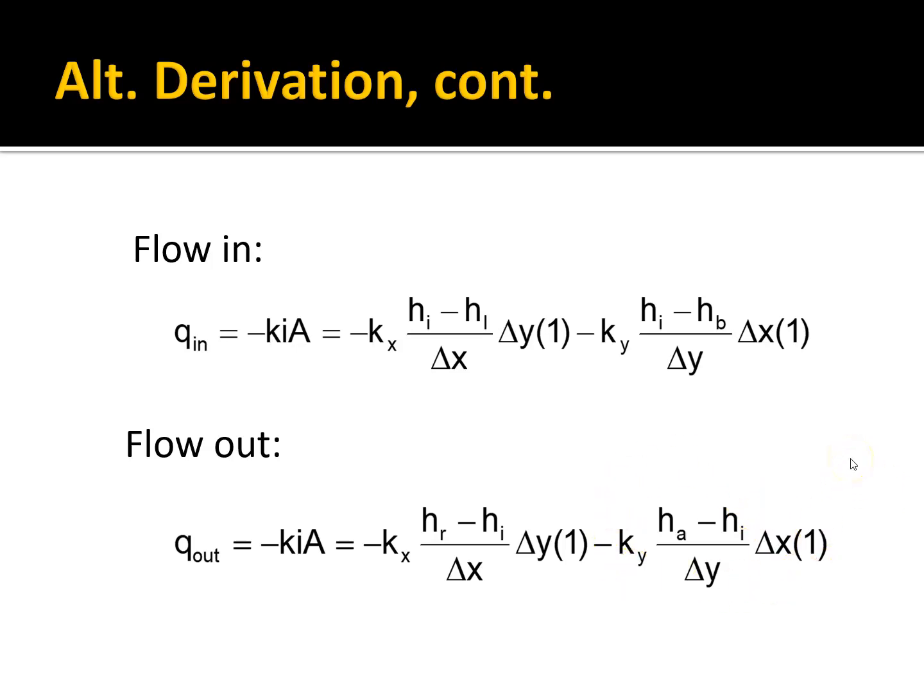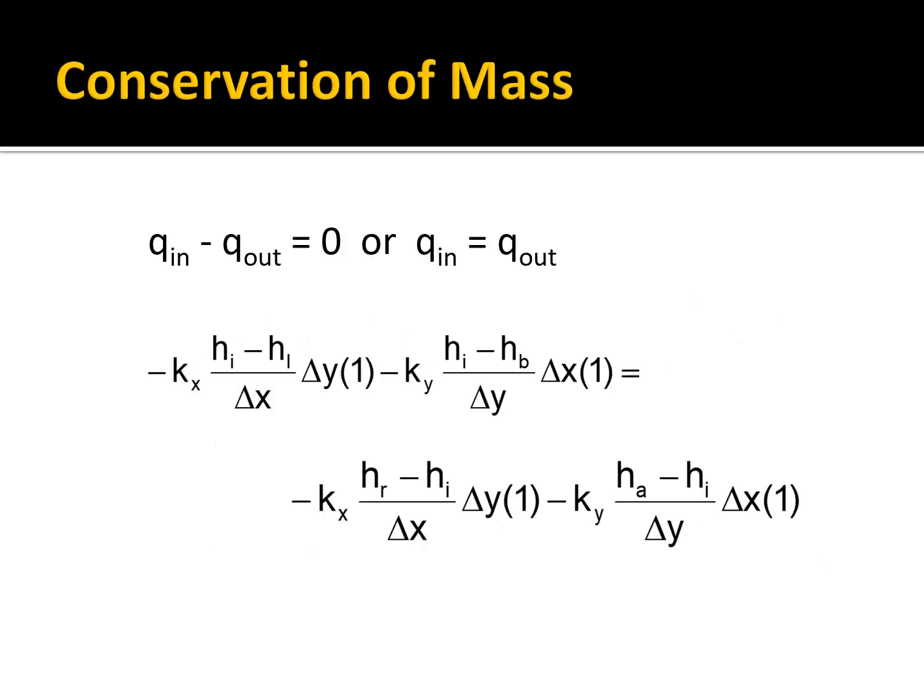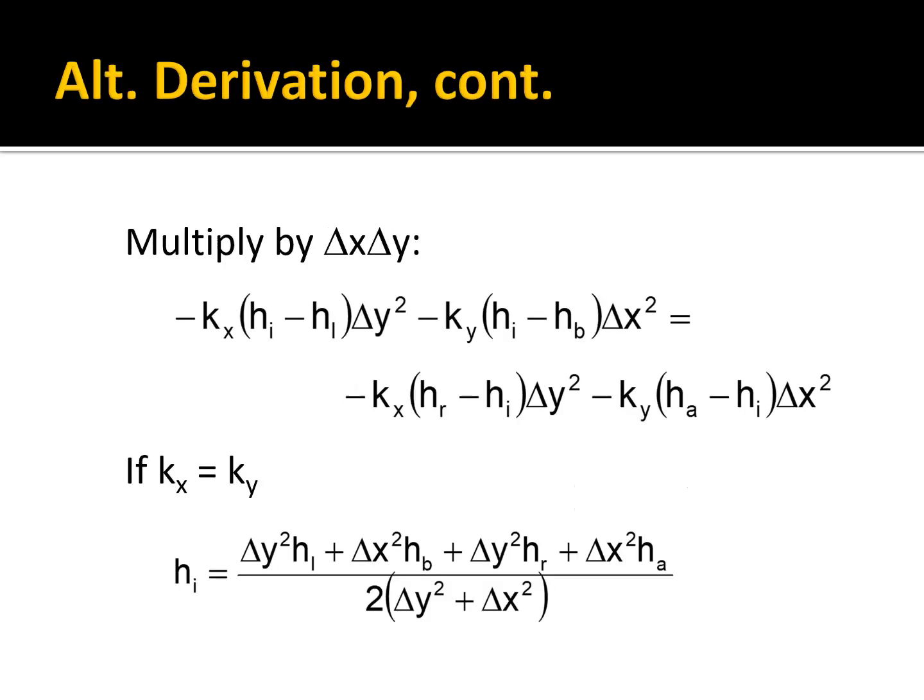So now, using Darcy's law, we've come up with an equation for q in and q out. And from conservation of mass, we set q in minus q out equals 0, or q in equals q out. So we just use those two expressions that we derived and set them equal to one another.